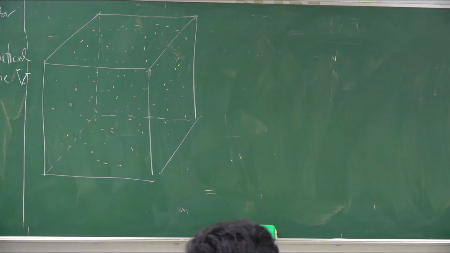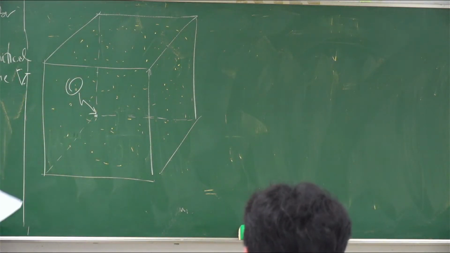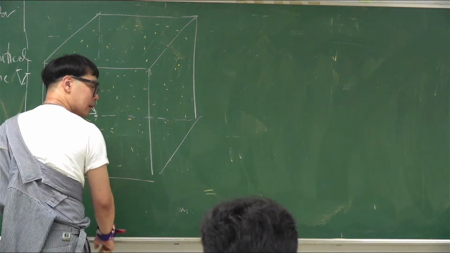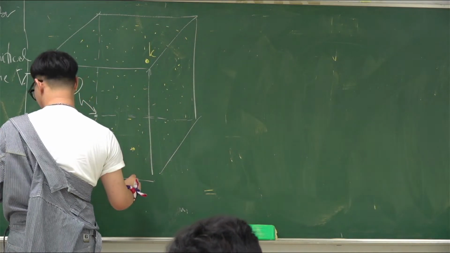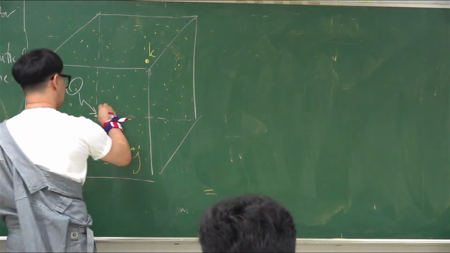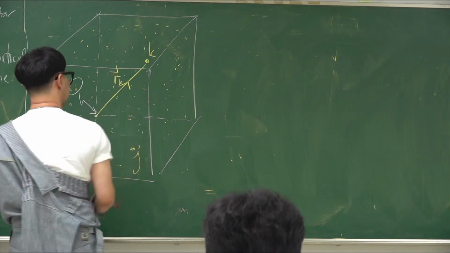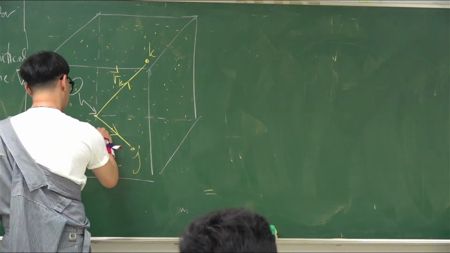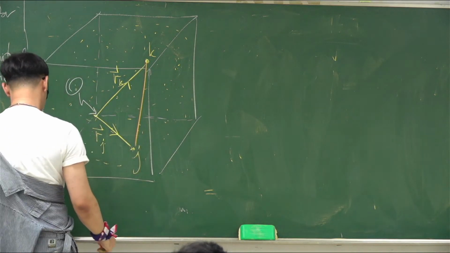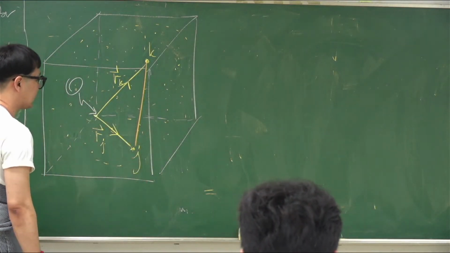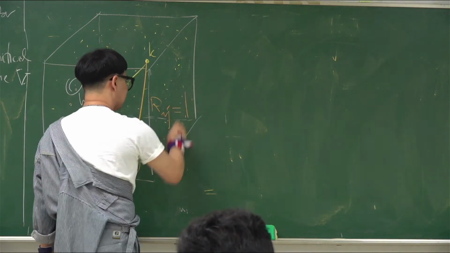Okay, so if I take this point as the origin point right here, and then I say that this is the particle K, and this is another particle J. So I could draw a position vector, which I will call K, and this is going to be J. And I have also another vector, but I'm going to consider only the magnitude of it.